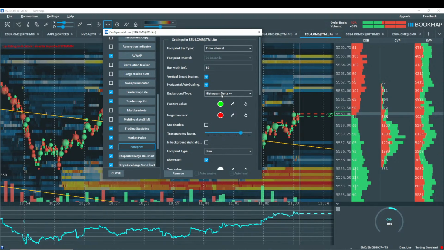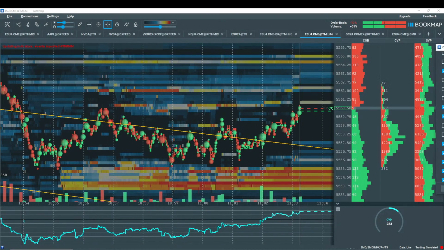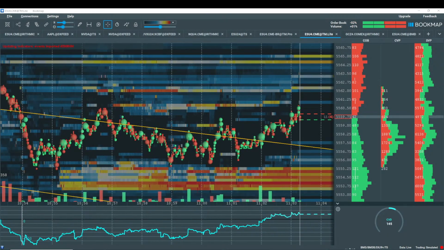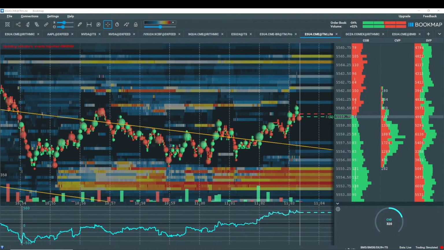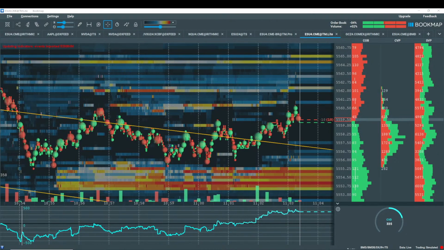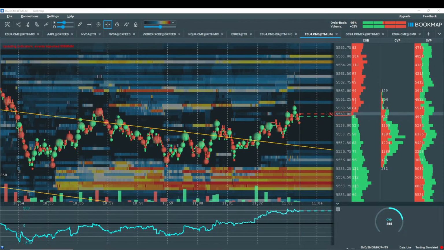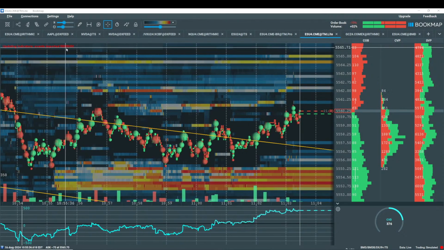The footprint is going to display the bars in here. So just a minute here. You can see it's loading.